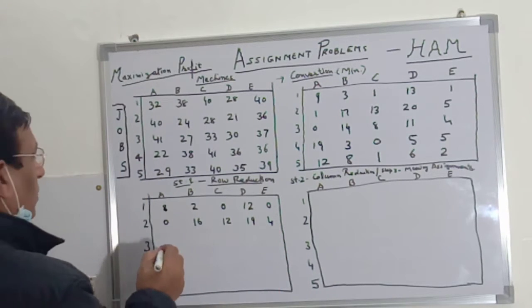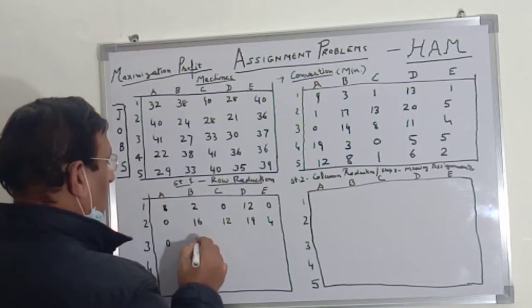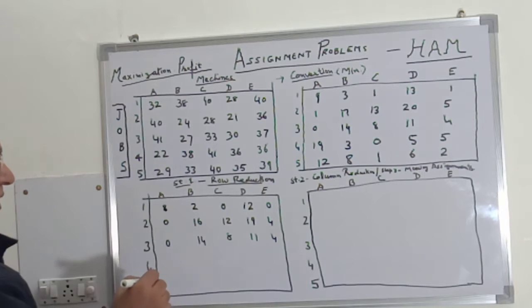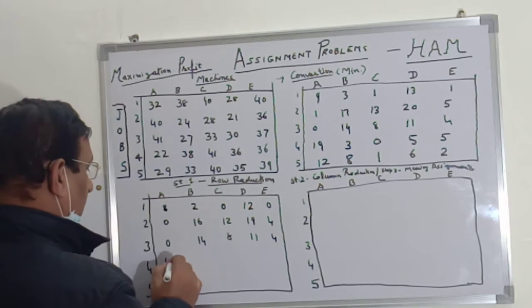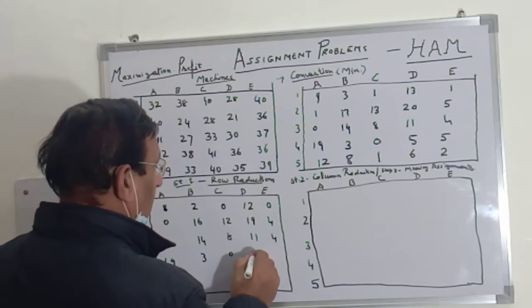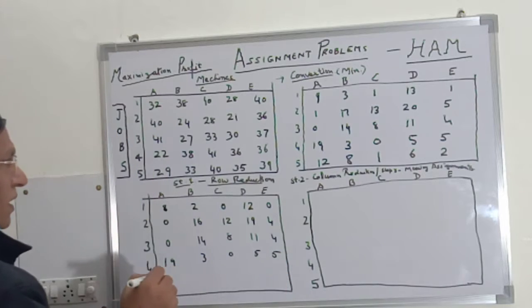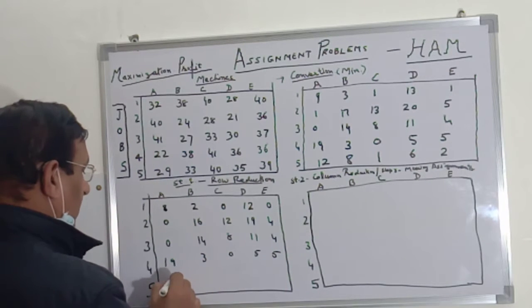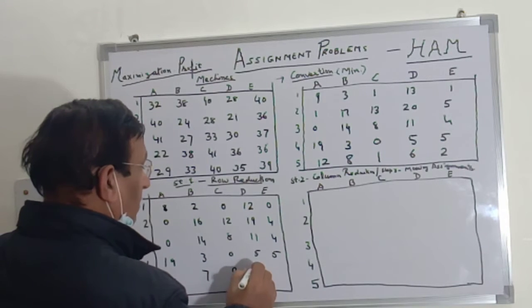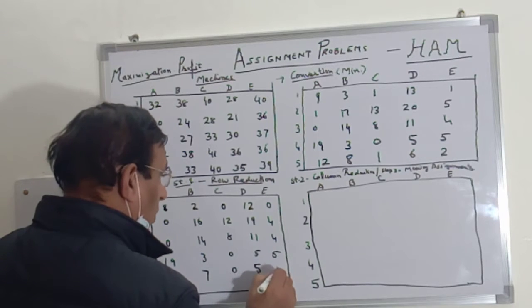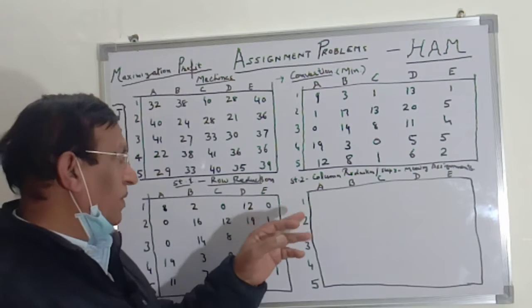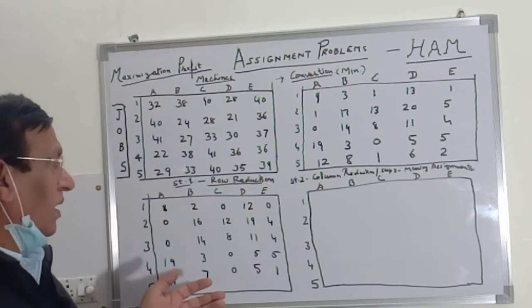In the third row 0 is there, so no need for further reduction: 0, 14, 8, 11, 4. In the fifth row again there is a 0, so 19, 3, 0, 5, 5. And in the last row again 1 is minimum, 11, 7, 0, 5, 1.